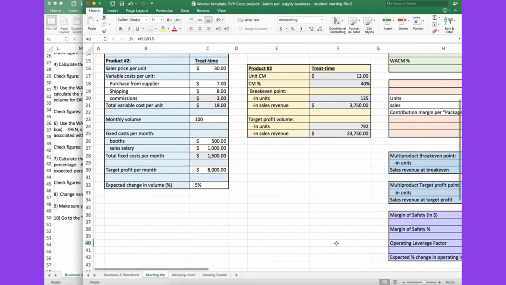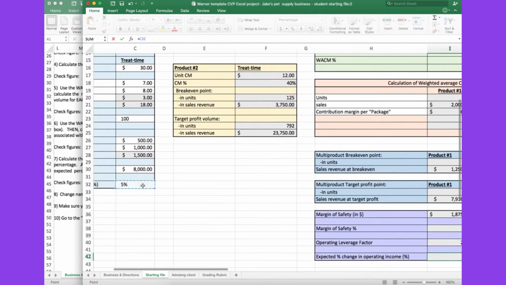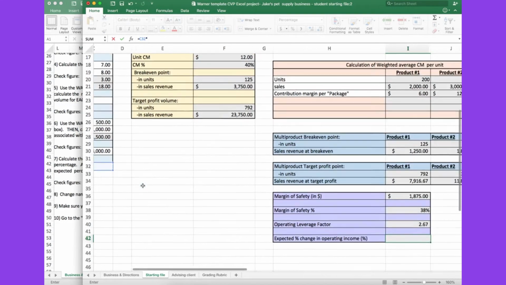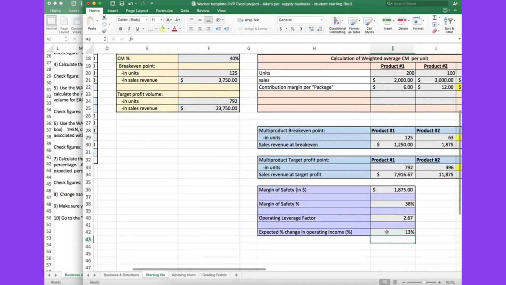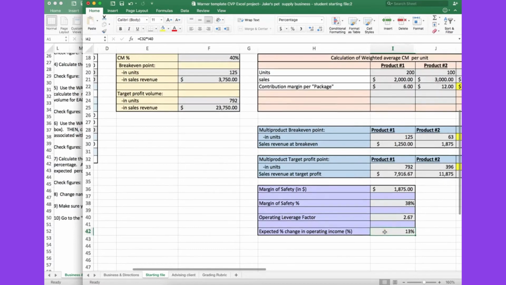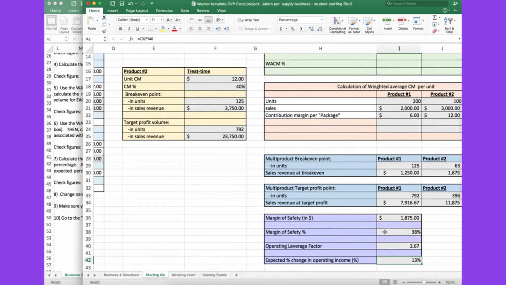If we multiply that 5%, our percent change in sales, times our operating leverage, it gives us a 13% expected change in income with an increase in sales of 5%. So that's how the math works.